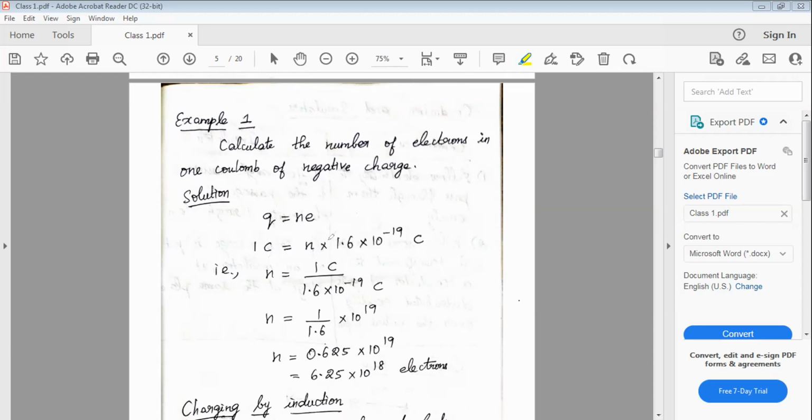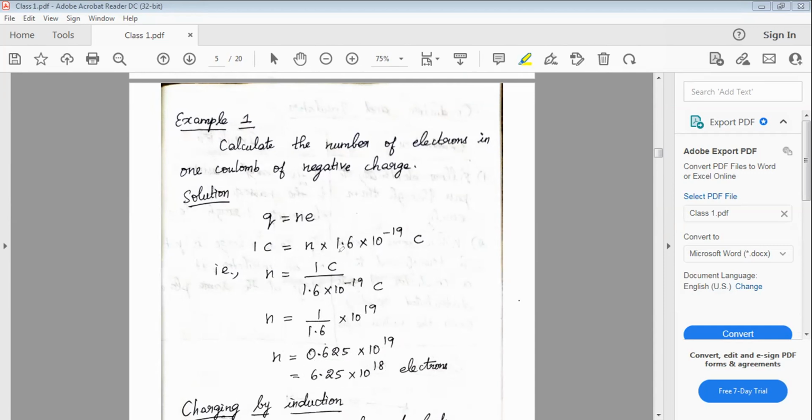For finding N, you have to bring this 1.6 times 10 power minus 19 coulomb to the other side. So N equals 1 divided by 1.6 times 10 power minus 19. You have to simplify this, and after simplification you will get 0.625 times 10 power 19, or 6.25 times 10 power 18 electrons.